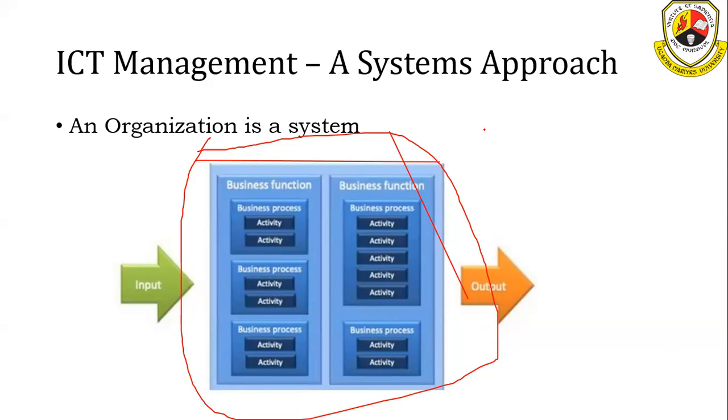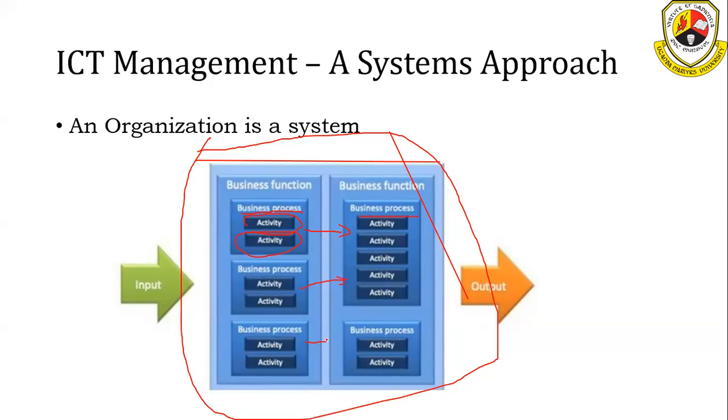Now, each component has its own unique business processes, okay? It has its own unique business processes which have activities within them. And within each component, this particular unit may feed into the second unit, and so on.